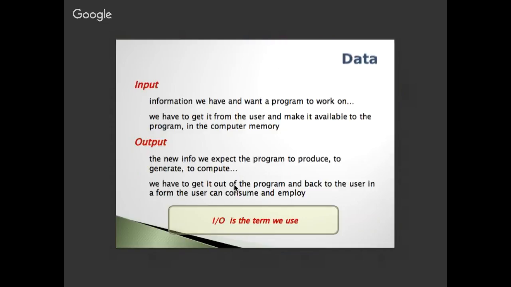Step 3 might be we want to report it somehow. We want to show how we can report it and filter it by different field names or different fields within the record. So we want to sort it by last name, first name, address, city, state, whatever. We want to be able to update. We want to be able to delete. We want to be able to move. So these are real simple steps I've just showed you that you'd want to do in any app before you start coding anything, right?